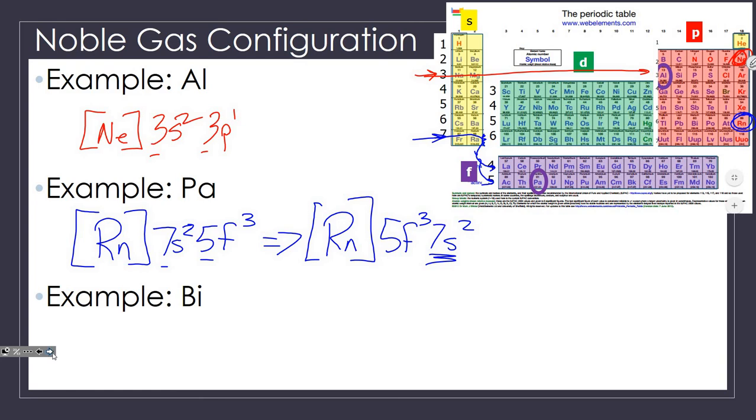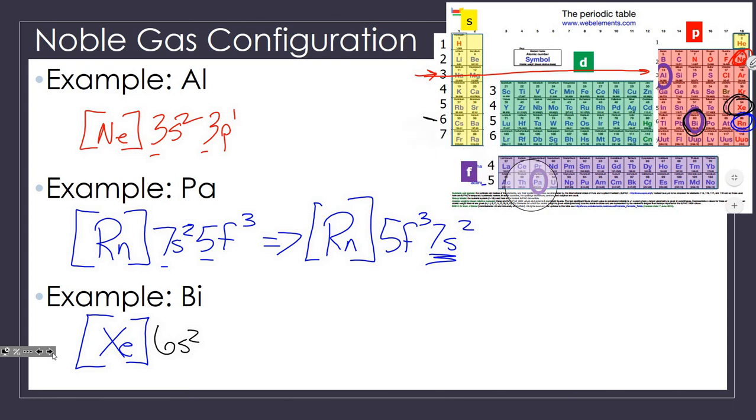Okay, bismuth. Where's bismuth? 83. What is the closest noble gas without going over 83? Xenon. Xe. Okay, so xenon is right here. I'm trying to get right here. So I start and go right here. I would add to this 6s2.